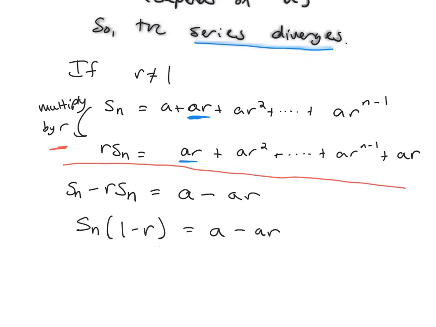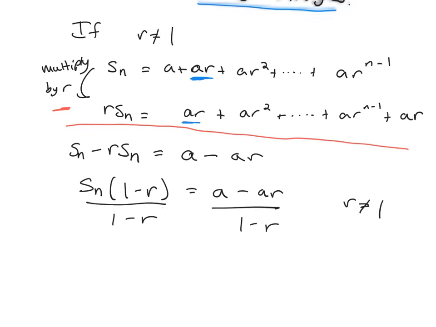So I can divide now by this 1 minus r because r is not 1. So I solve for S sub n, and I'm going to get a minus ar, oh sorry, this should be r to the n. It should be an n there.